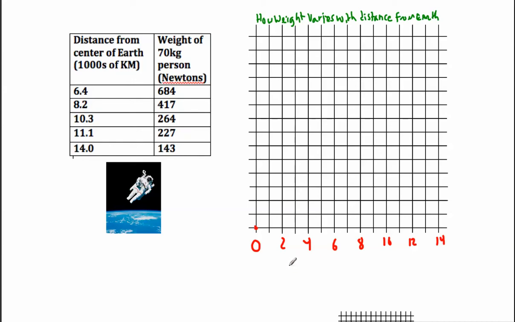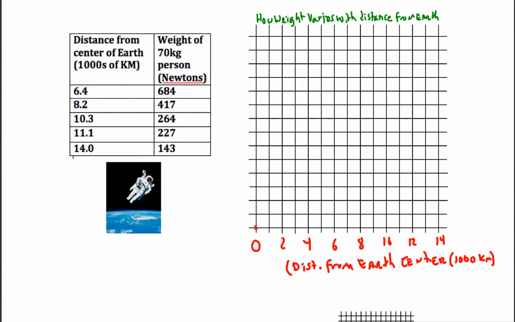All right, the next thing that we want to do is make sure that this axis has a label. It goes something like this. This is distance from Earth center, and we want that to be in thousands of kilometers.